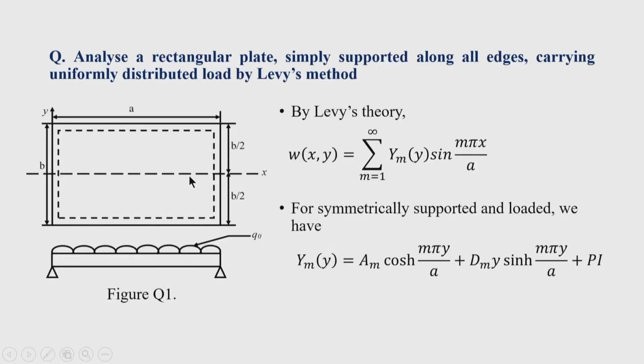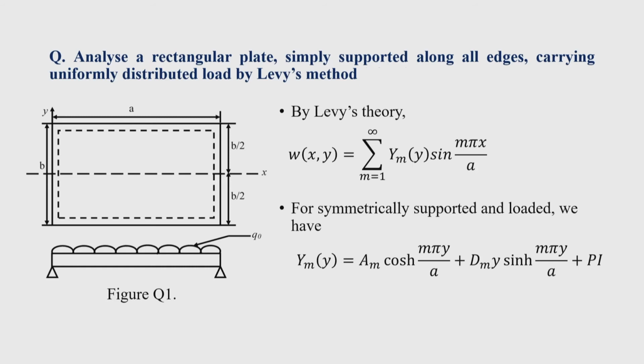Now, let us illustrate the Lévy method in a rectangular plate which has two opposite edges simply supported. There is no restriction that Navier's method can only be used when all edges are simply supported.